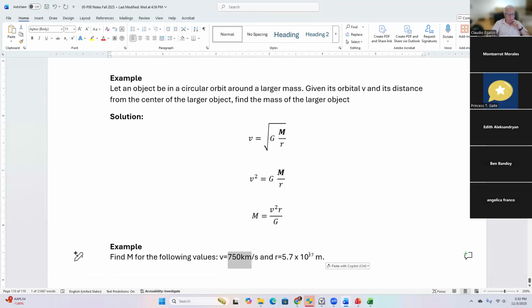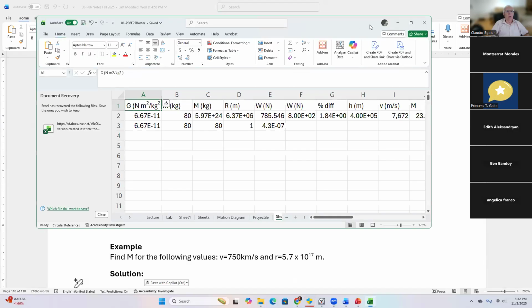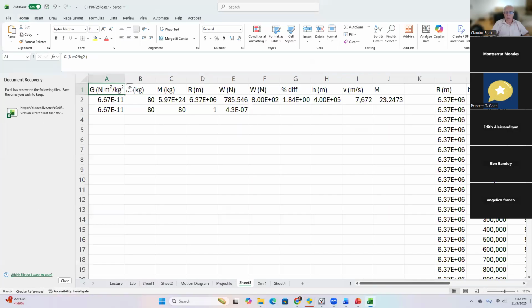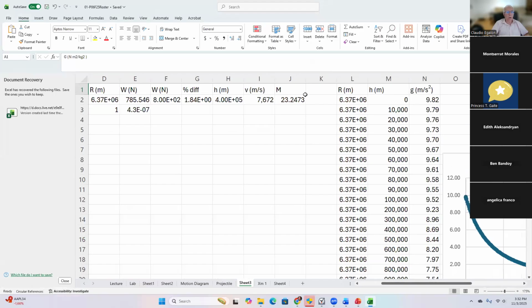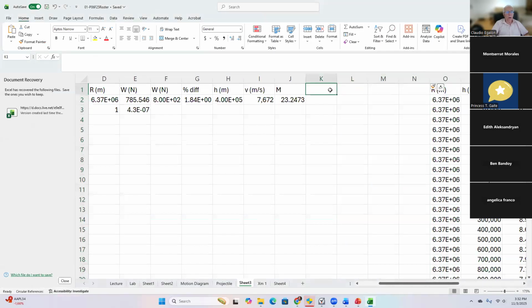And that's the distance in meters, 10 to the 17. Let's do the math. Here you go, the numerical solution. And again, we are going to use our spreadsheet. We want to find the mass of the object.